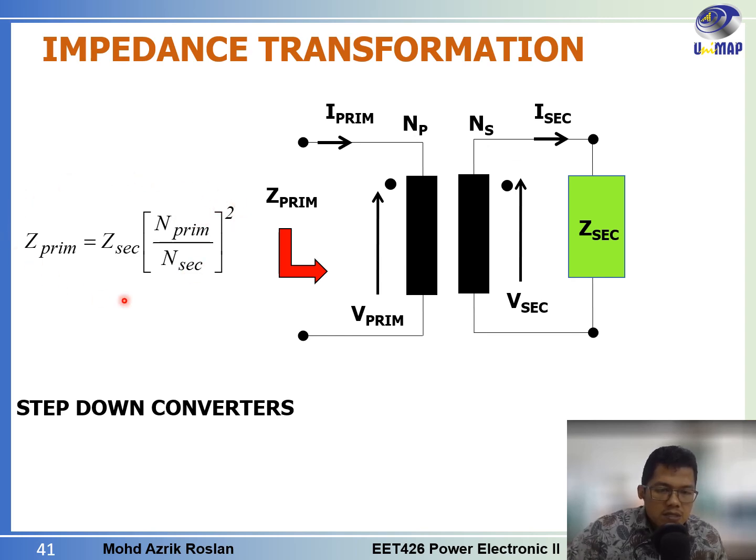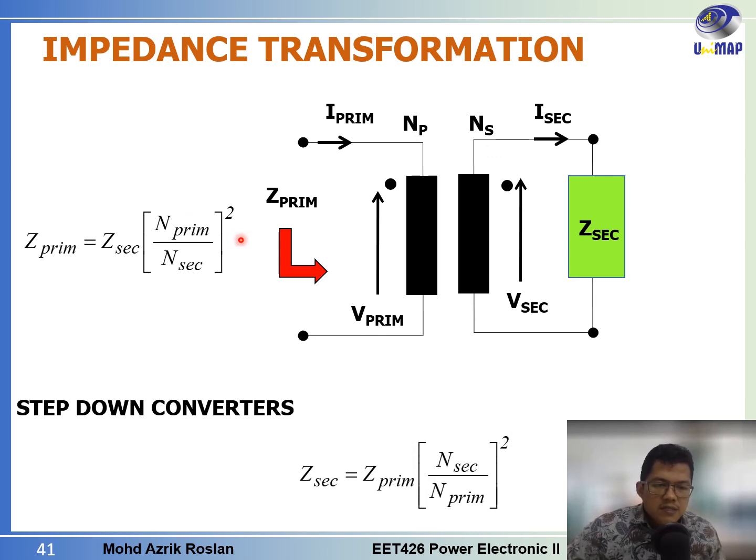This is the equation to reflect one parameter of the transformer to the other. For Z secondary, the equation is the other way around: Z primary multiplied by N secondary divided by N primary squared.